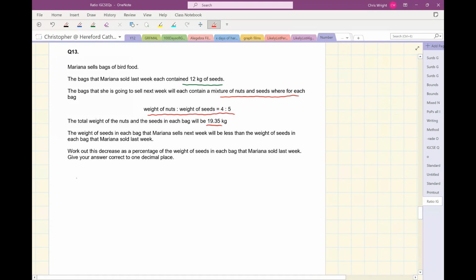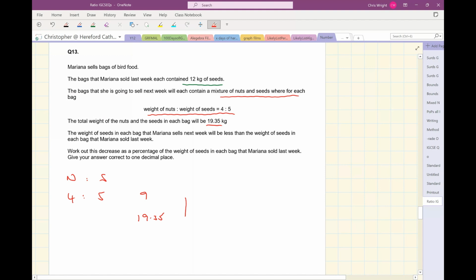So we've got nuts to seeds in the ratio 4 to 5, which is a total of 9. But her total isn't 9 kilograms, it's 9.35 kilograms. So let's do 9.35 divided by 9.